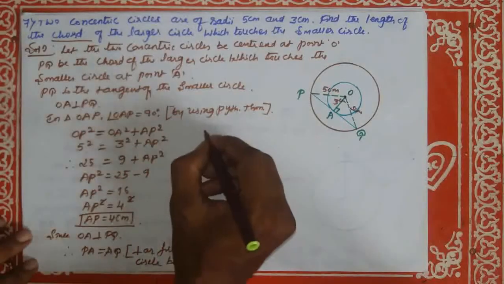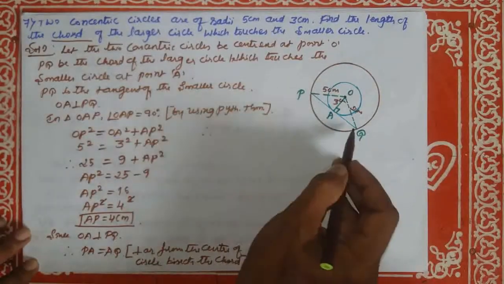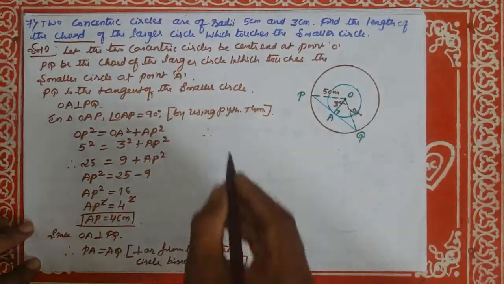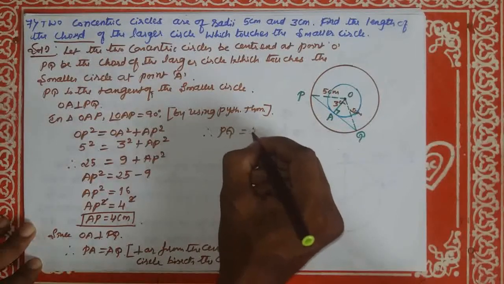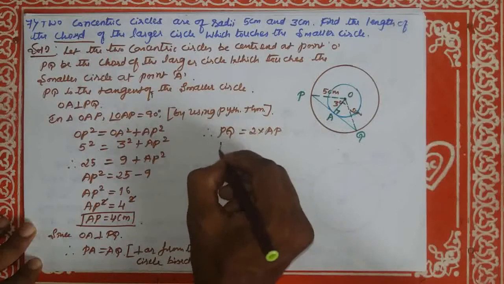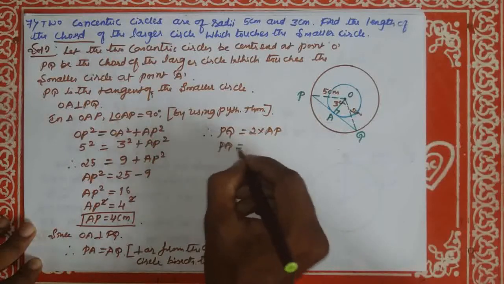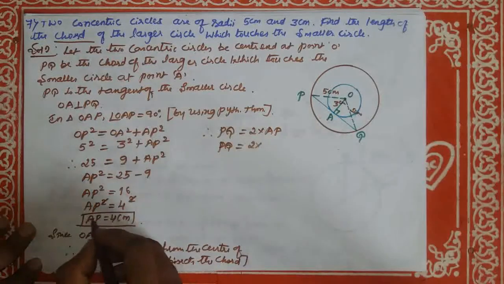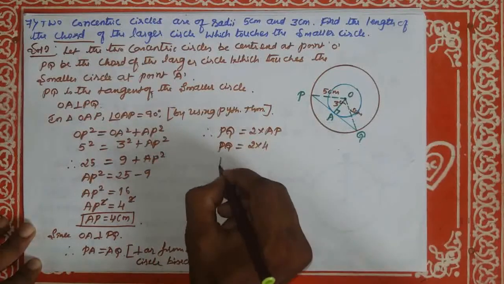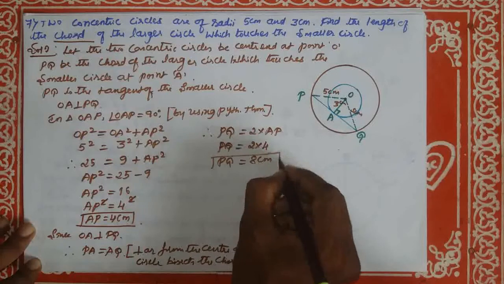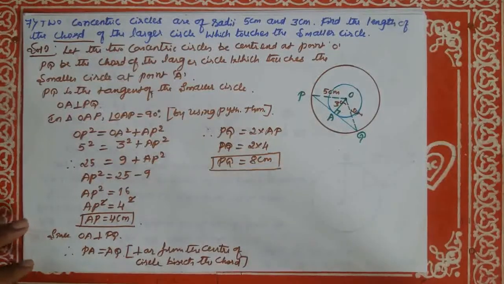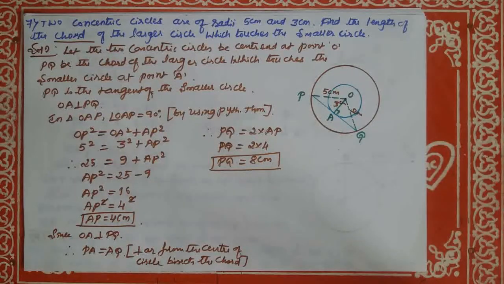Therefore PQ is equal to 2 times AP, which is 2 into 4 centimeter. Therefore PQ is equal to 8 centimeter. This is the length of the chord of the larger circle.